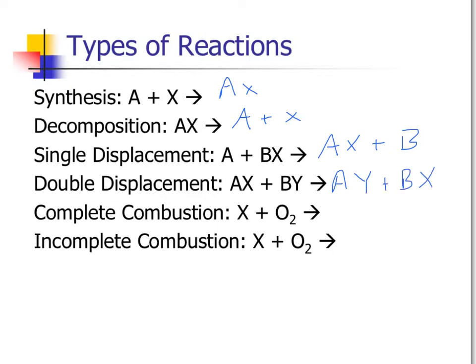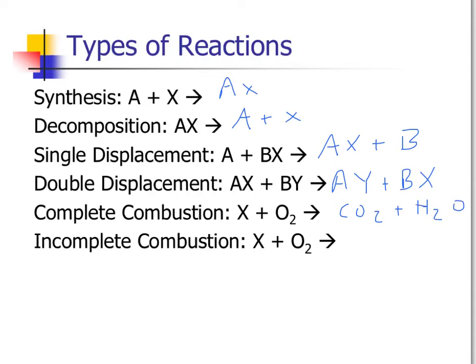For combustion reactions, it's anything burned in oxygen produces stable oxides. Usually for combustion reactions we use hydrocarbons, so chemicals that mainly consist of C's and H's. If I do a complete combustion reaction, that means that I'm only going to make carbon dioxide and water.